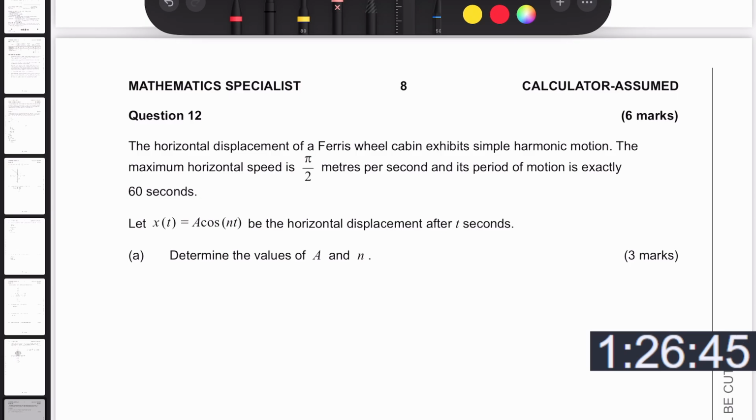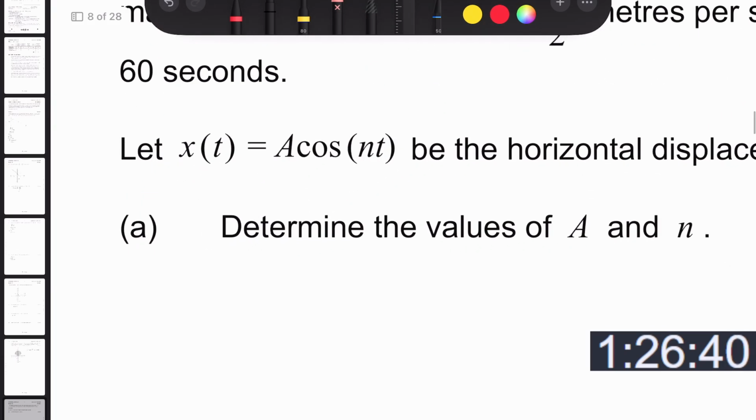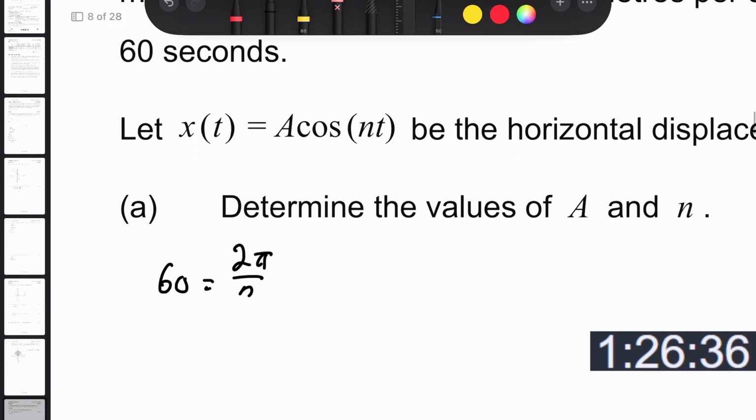Period of its motion is exactly 60 seconds. So 60 is equal to 2 pi all over n. So then n is equal to pi on 30.